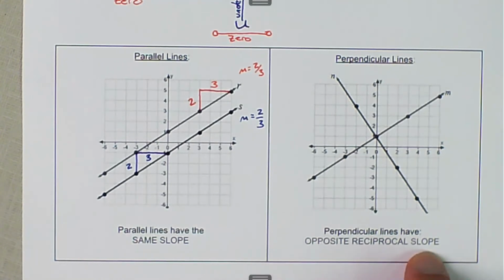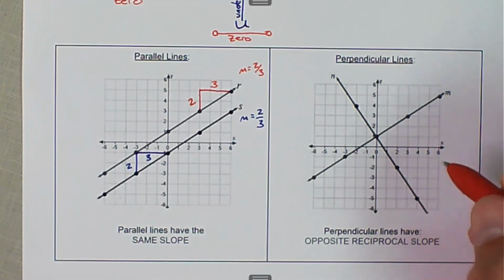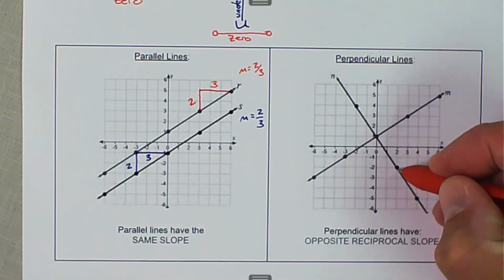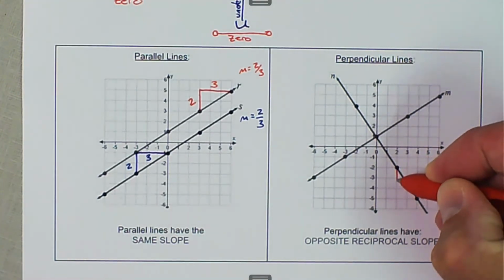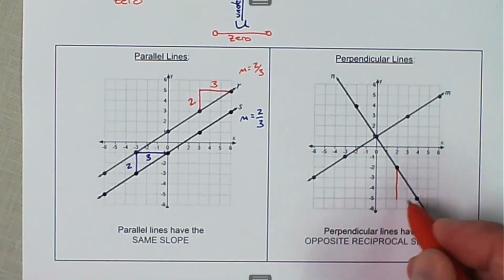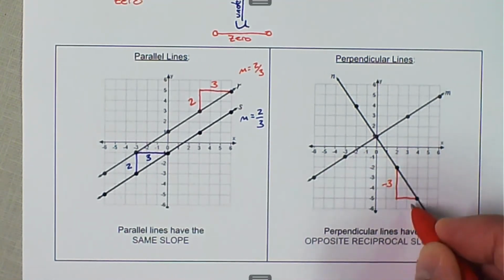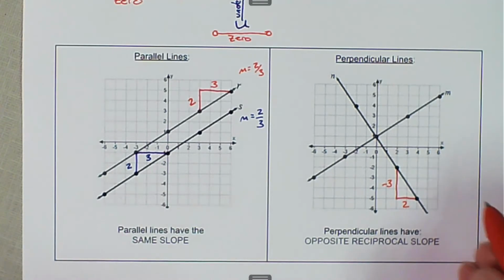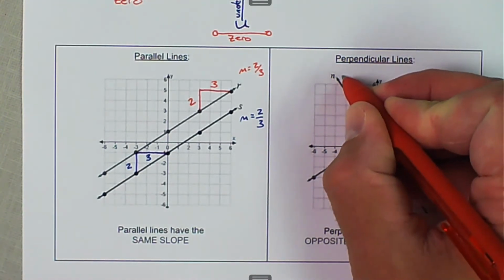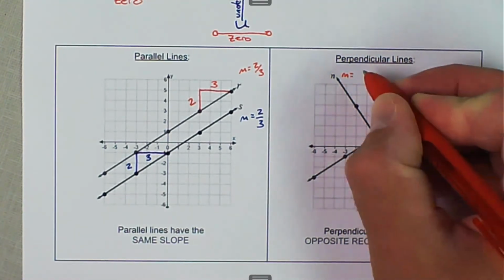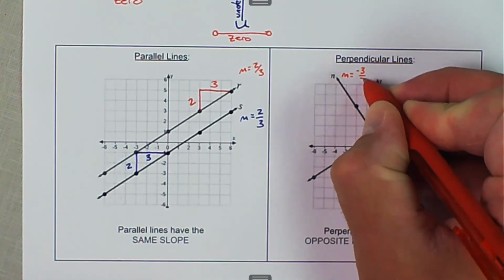Perpendicular lines have opposite reciprocal slopes. We'll go from these grid points here because they're marked out pretty well. In this case, I'm going to go down 3, and I'm going to go to the right 2. So that's -3 and to the right 2. For this line here, we have a slope of -3 over 2.